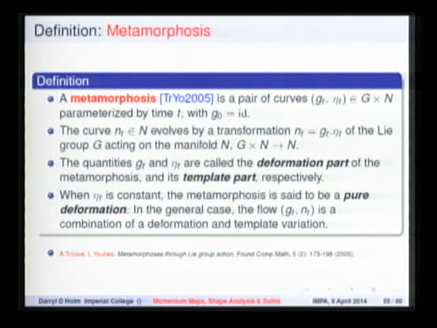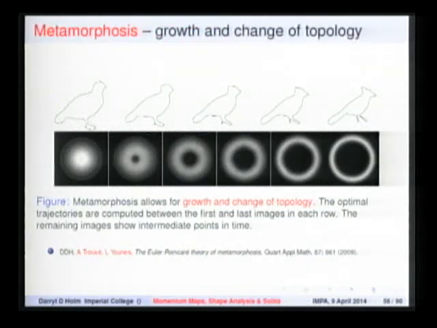And if the etas are not there, or they're just constant, then you have this pure deformation we were talking about before. But if they are there, then this is an extension of what we were talking about before, basically to something like semi-direct product action. Okay, and this is what it can do. It can change topology. Okay, I'll show you the tolerance function for this.